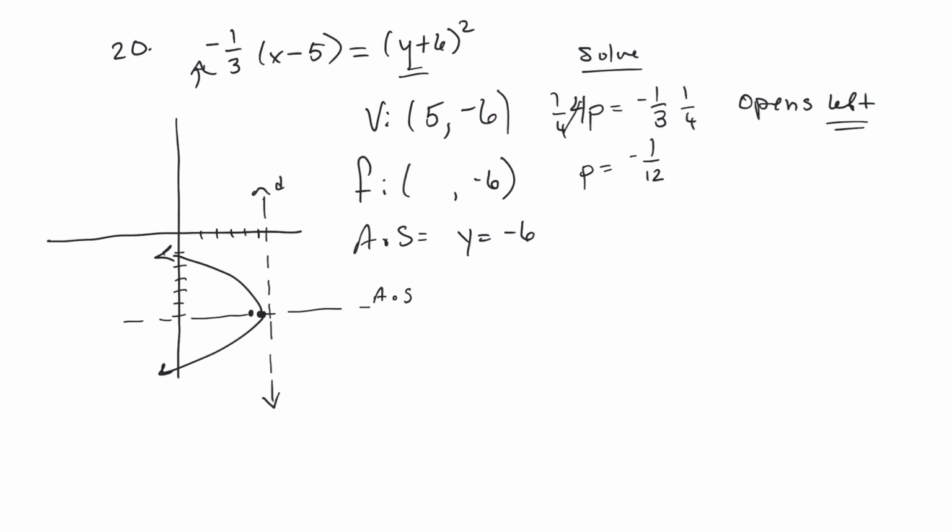What's the coordinate for the x part of the focus? You know the vertex had an x coordinate of 5, right? And I went to the left 1/12. So what is 5 minus 1/12? Right? 5 minus 1/12.